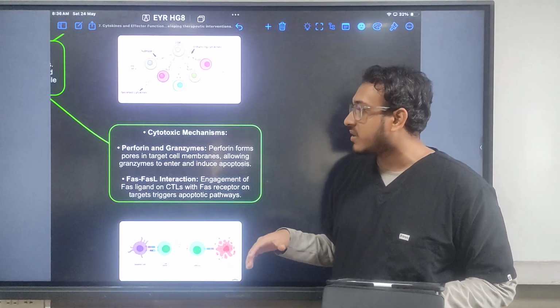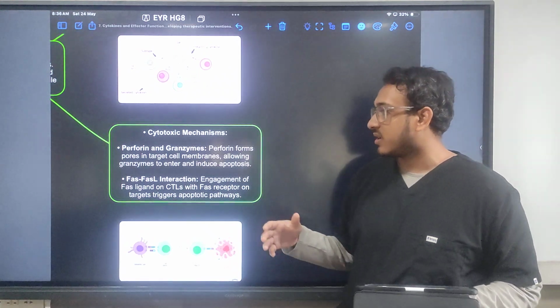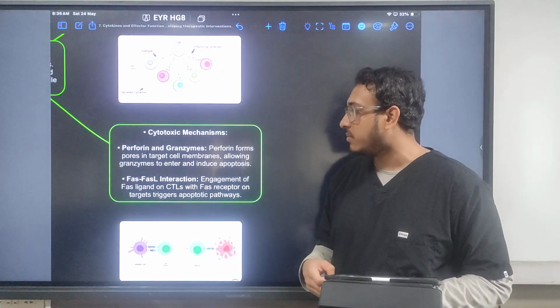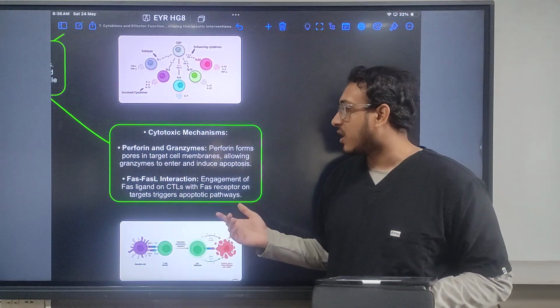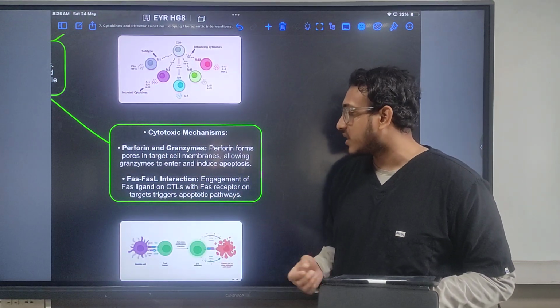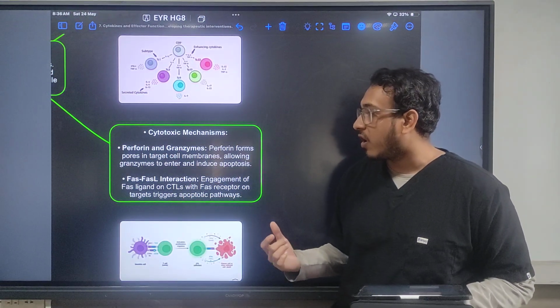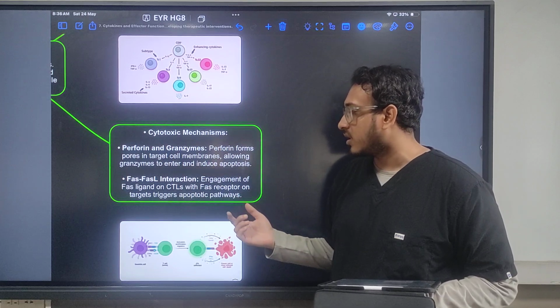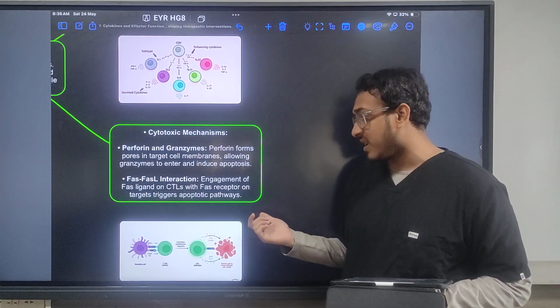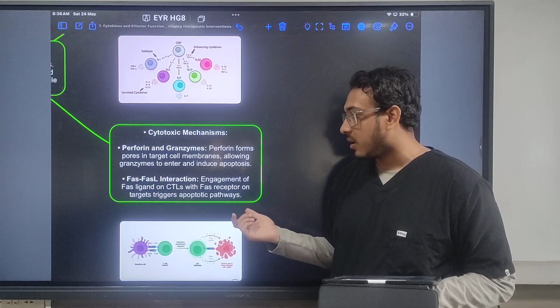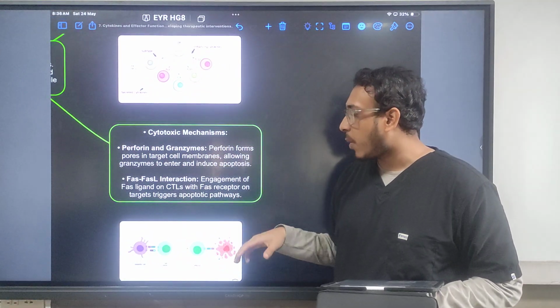Perforin forms pores in the target cell membranes, allowing granzymes to enter and induce apoptosis. Also, there is Fas-FasL interaction. Engagement of FasL on the CTLs with the Fas receptors on the targets will trigger apoptotic pathways.